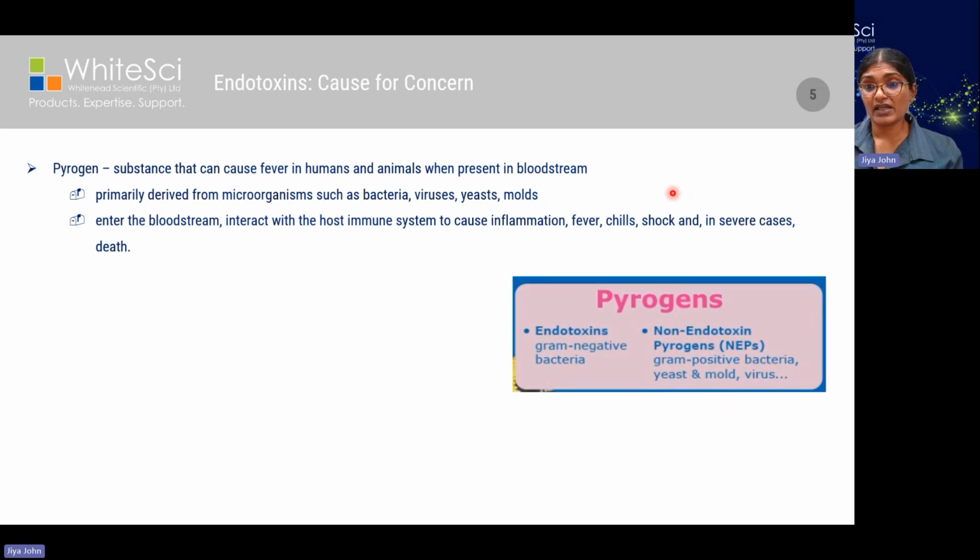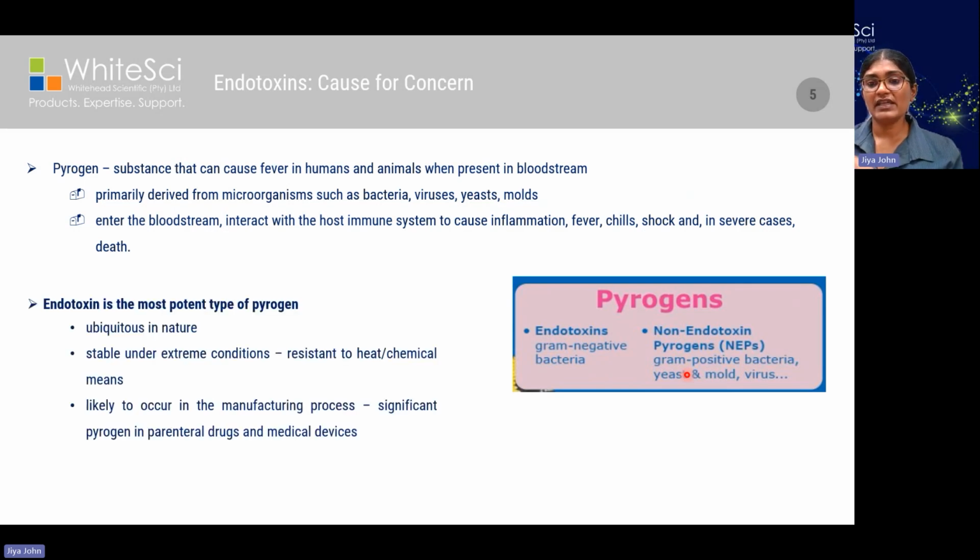Pyrogens can be classified into two parts: endotoxin and non-endotoxin pyrogens. Endotoxins come specifically from gram-negative bacteria, and the non-endotoxin pyrogens come from gram-positive bacteria, yeast, mold, and viruses. Endotoxin specifically is a cause for concern because it is the most potent type of pyrogen. An example of a gram-negative bacterium would be E. coli.